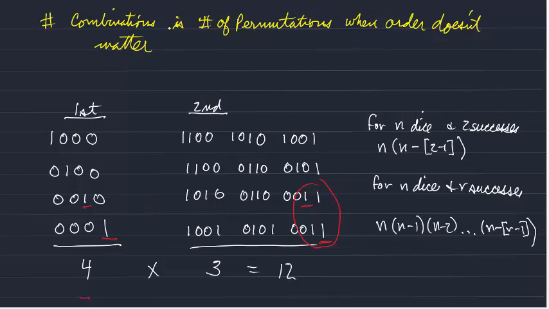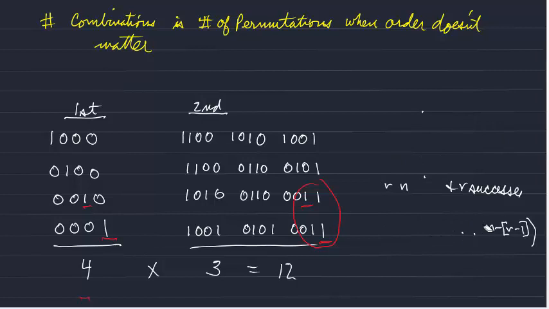So how do we correct for that? In this case, there are exactly 2 redundant permutations with our two sixes, or 2 successes.